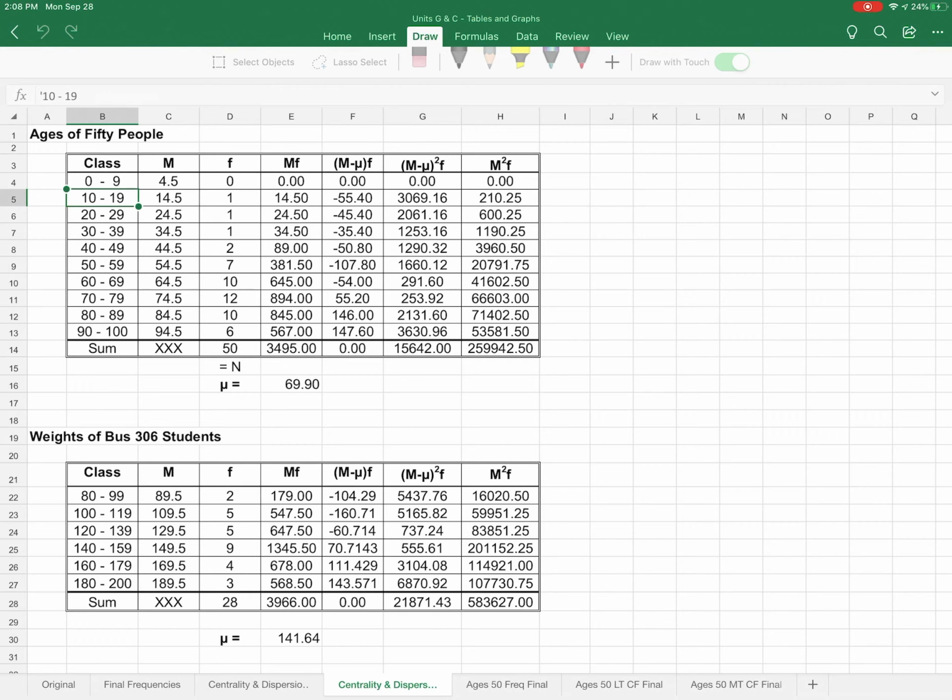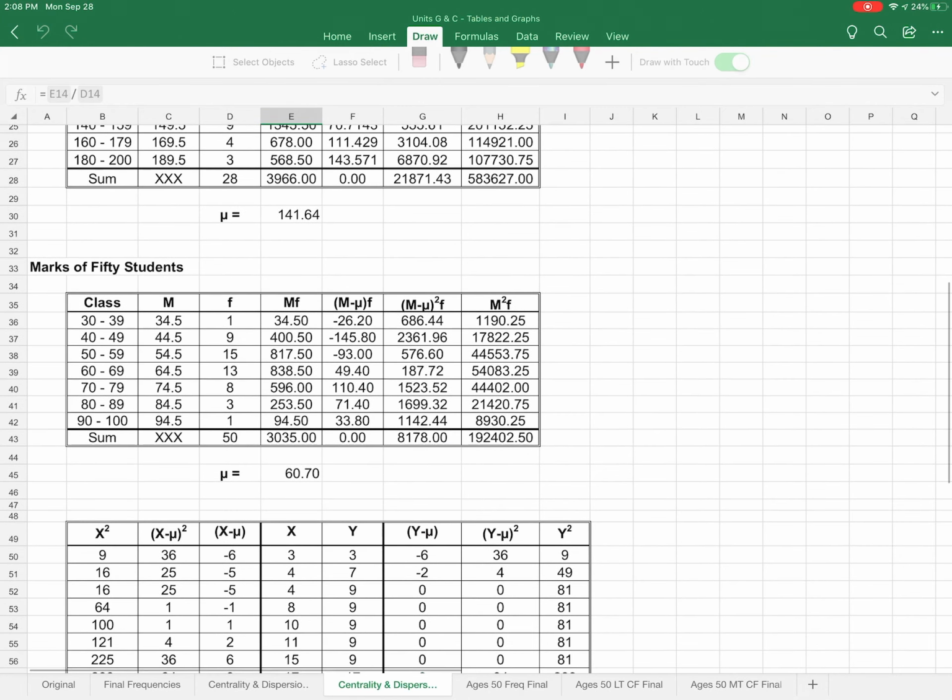Remember what we did is for each class, we took its midpoint or class mark times its frequency to get an MF value. And then we did that for each class going down here. We add them all up, and we get 3495 divided by 50, the sum of the frequencies, and that gave us a mean of 69.9.